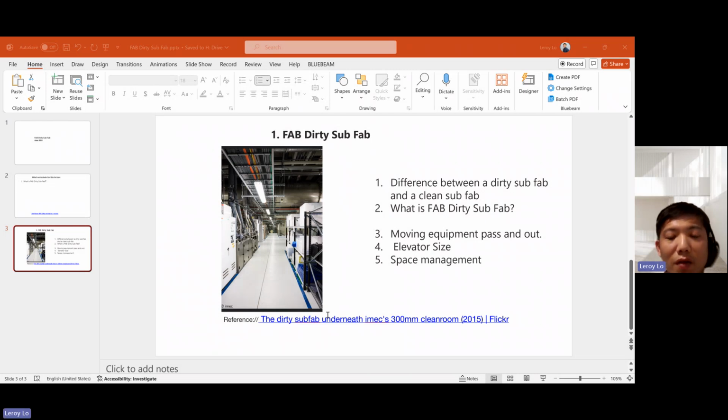And fourth is elevator size. This is very critical here. It has been a big challenge in a lot of our fabs, because of moving equipment in and out, but also the size of the elevators.